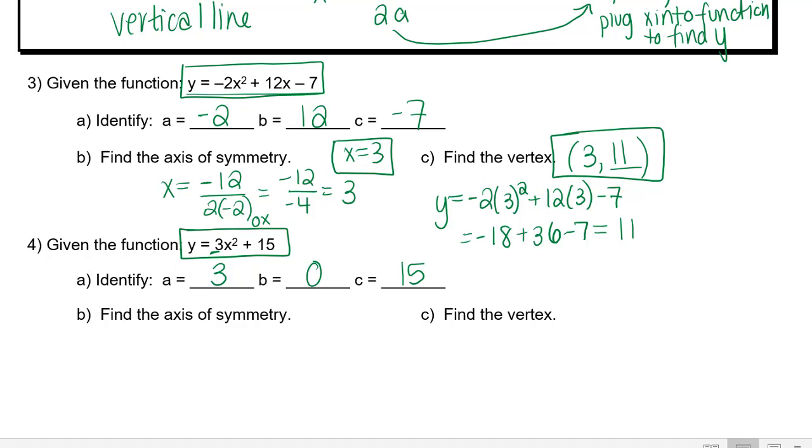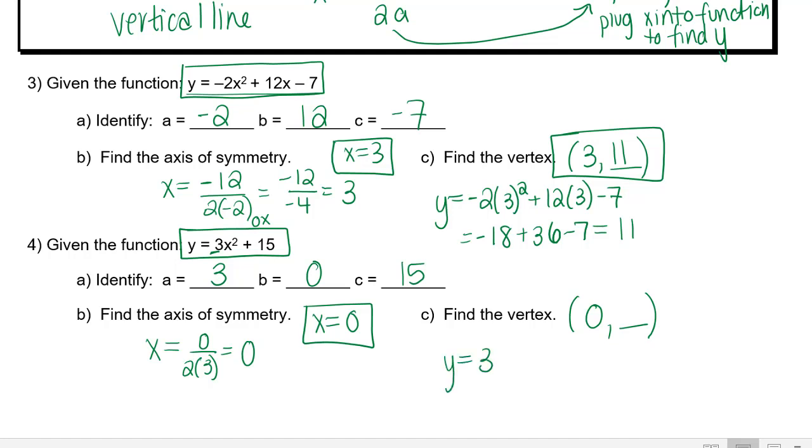To find that axis of symmetry, we plug it into our formula. x is equal to negative b over 2a. b is 0 over 2 times 3. Oh boy, 0 divided by any number is 0. So my axis of symmetry is x is equal to 0. The vertex is written as my axis of symmetry, comma, that y value, which I'll then plug back into my original function of y is equal to 3x squared plus 15.